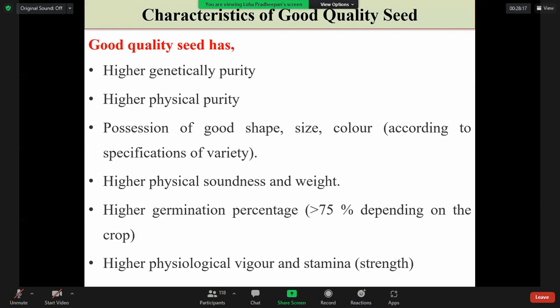Then we will look into the germination percentage. If you put 100 seeds, out of that how many seeds germinate and give a normal seedling. Normal seedling means it should have the shoot part as well as the root part.